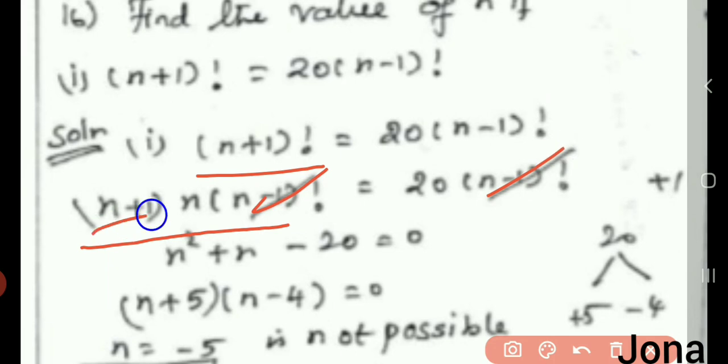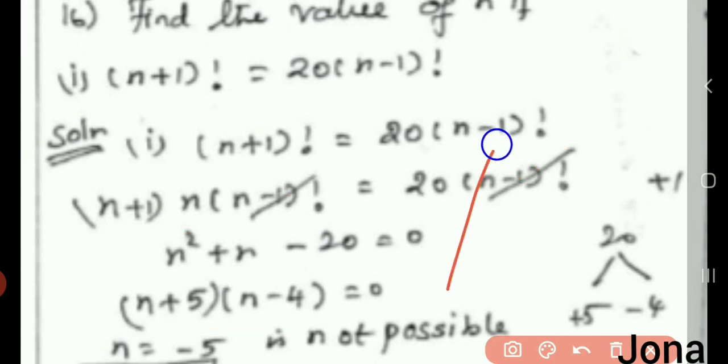The remaining things are here n² + n. Here we have 20, take this to the left hand side, that is n² + n − 20 equal to 0. So we can have the factors like this, (n+5) into (n−4) here. Here we should not take this negative number. So just we have to take n equal to 4 only there. So the answer for the value of n is 4.